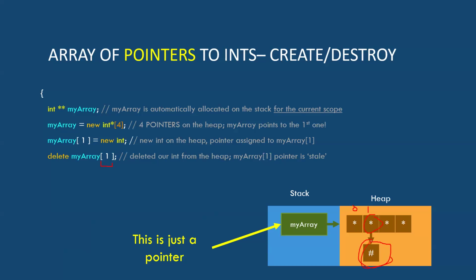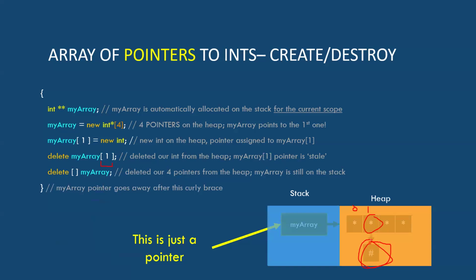We're deleting this down here. And then we delete the whole thing. Sorry, my animations are a little off, but this deletes all of this. And then after we go out of scope here, this automatically goes away because it's our named variable. So tricky stuff, I know, but that's really the next level up.